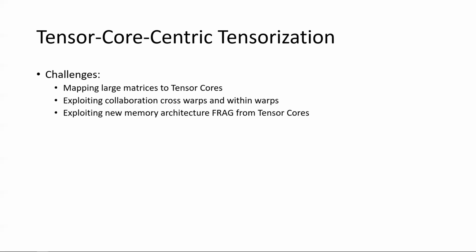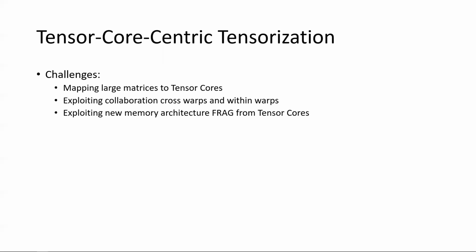First, we need to map these large matrices to tensor cores. Generally, our workload may have 100 by 100 matrix cells, or even 8,000 by 8,000 matrix cells. However, the tensor core usually only supports 16 by 16 or 8 by 16, this small matrix tile.